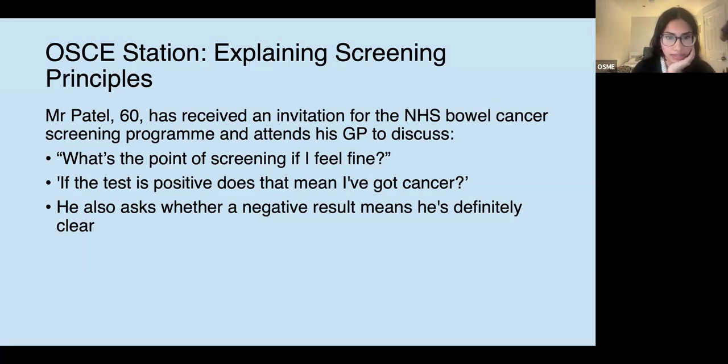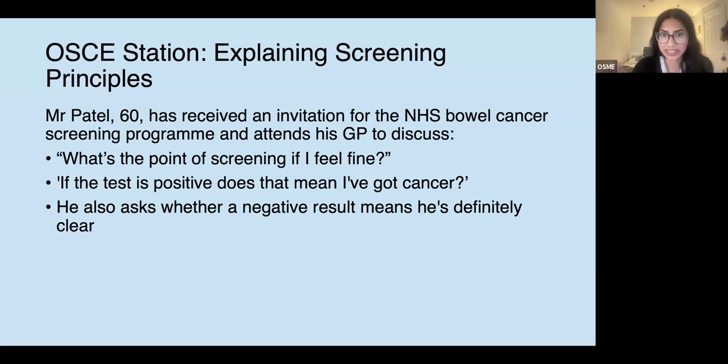Okay. And then asking whether a negative result means that he's definitely clear. So obviously, for the first stage of screening, you want the test to be highly sensitive, so you want it to be a rule out test. But that doesn't mean that tests are 100% sensitive, right? So if someone has a negative result, there is a small chance that it's a false negative, that they do have the cancer.